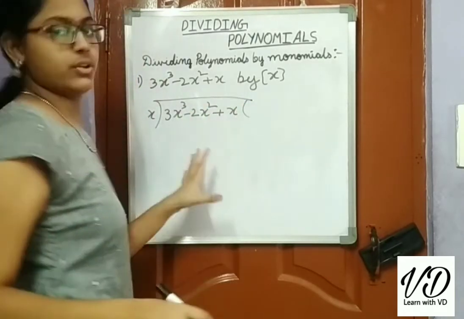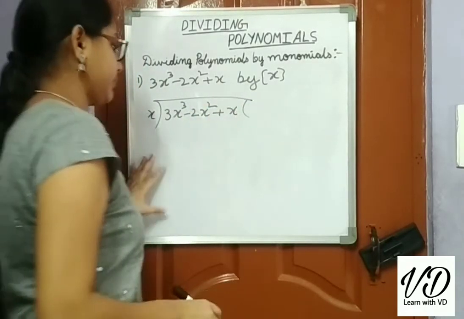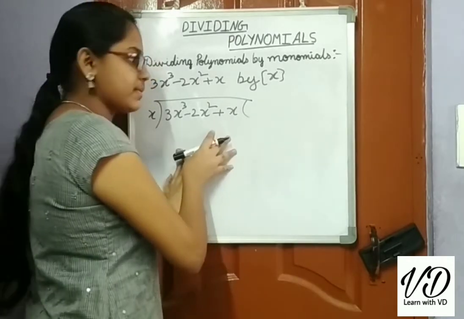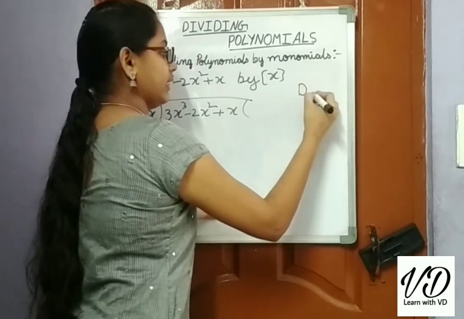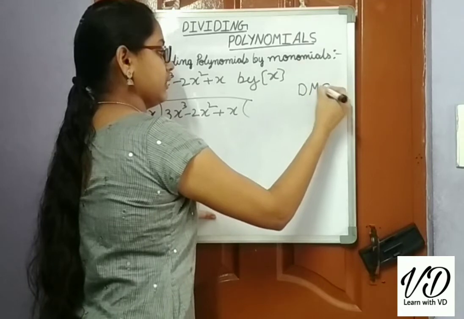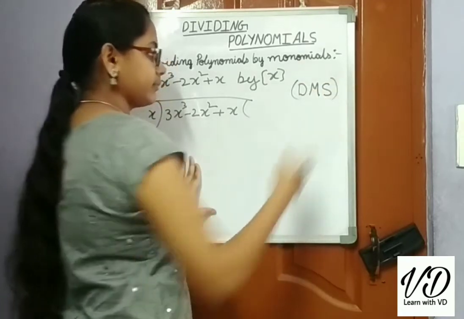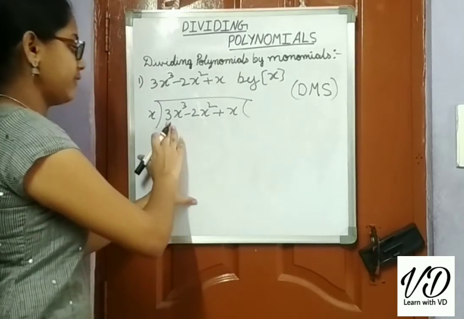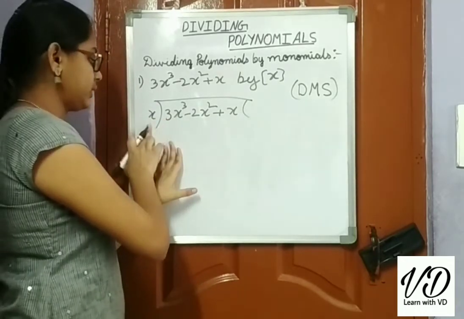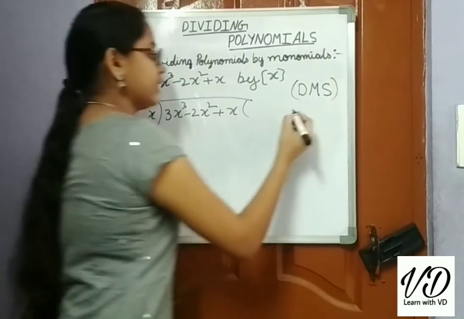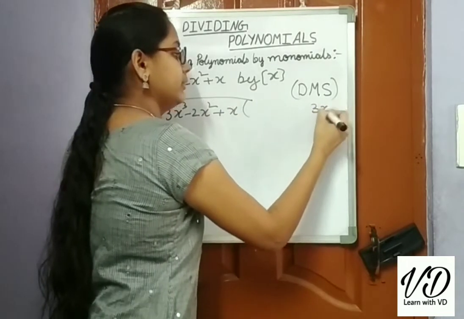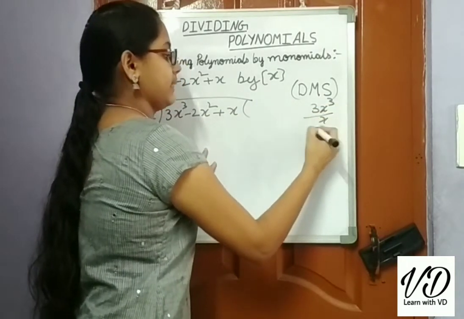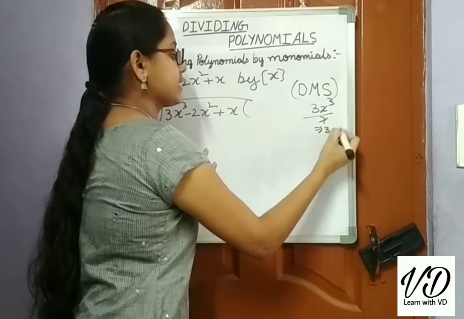Here we need a quotient which will be the factor. We can do this method by dividing, multiplying and subtracting. First, D stands for dividing the first term by our divisor, that is 3x cube by x. Then we get 3x square.